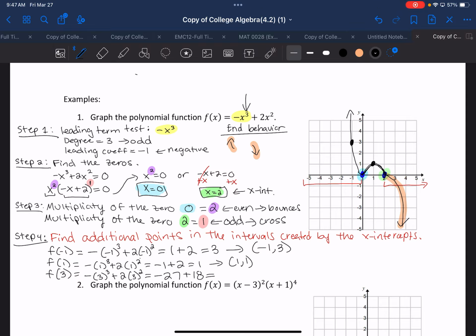And so, I can't do math in my head today. Is that 9? Negative 9. So that gave me the point 3, comma, negative 9.